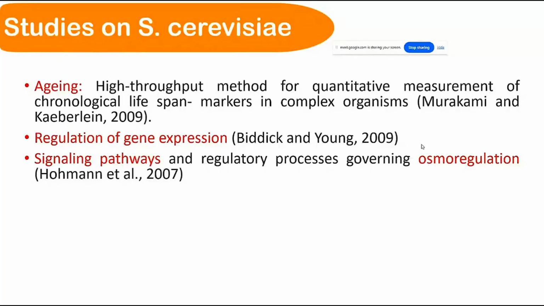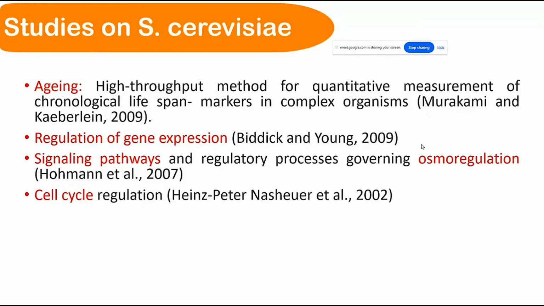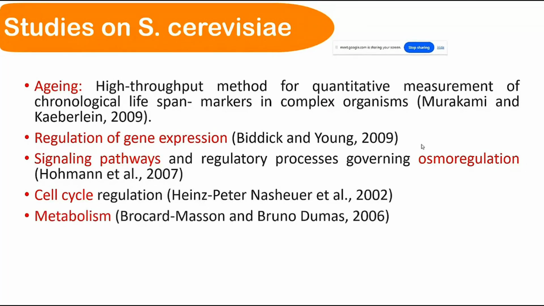So signaling pathways and regulatory processes associated with osmoregulation have been studied by Homan et al. in 2007. Cell cycle we all know, and its regulation has been studied by Heinz-Peter Noscher and his co-workers in 2002. Several metabolic pathways have been studied by Brockett Mason and Bruno Dumas 2006.